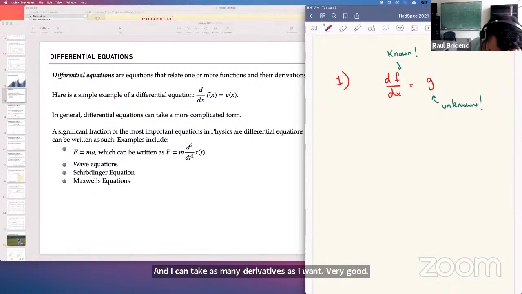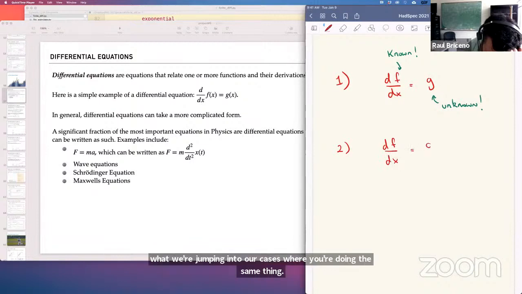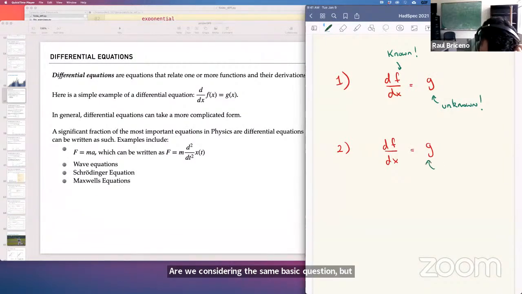What we're jumping into are cases where you're doing the same thing, or we're considering the same basic question. But in this case, we know this. But this is the thing that we don't know.